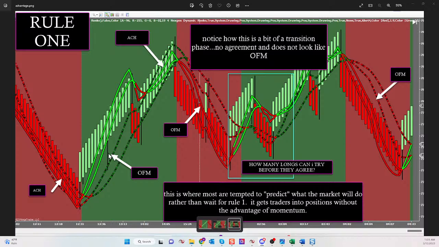Anything can happen, odds favorable. You'll notice that those turning points tend to happen with anything can happen triggers. When they don't agree, there's indecision. You let them sort out and get back to odds favorable.